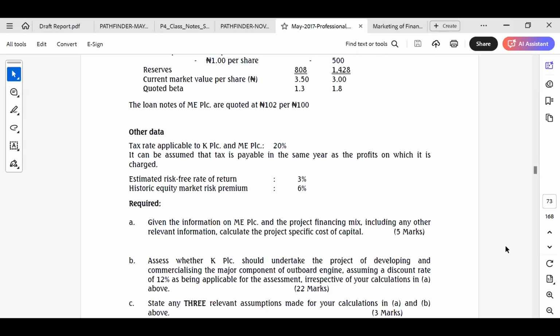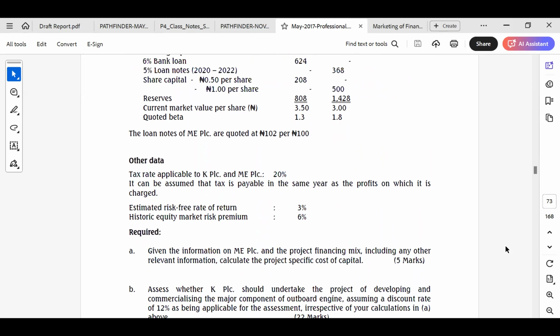It can be assumed that tax is payable in the same year as the profit on which it is charged. Estimated risk-free rate of return is 3%. Historical equity market risk premium is 6%. That is market premium, so that is Rm minus Rf. They have given it to us.